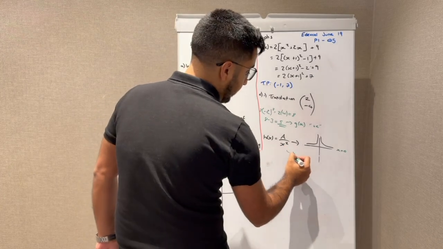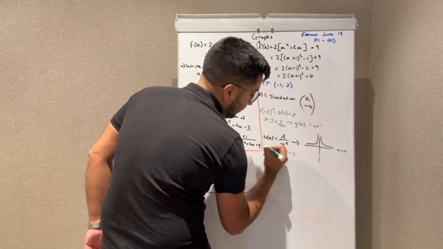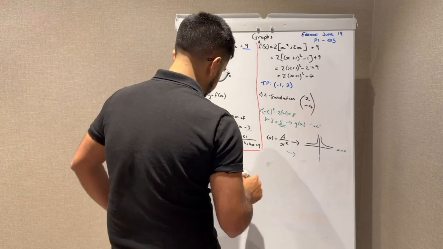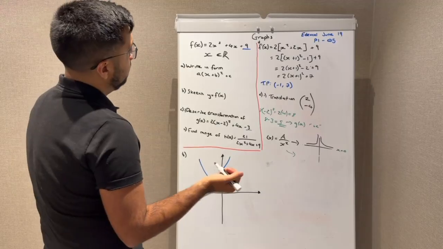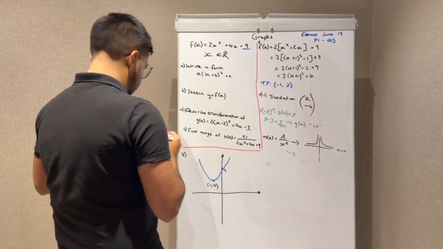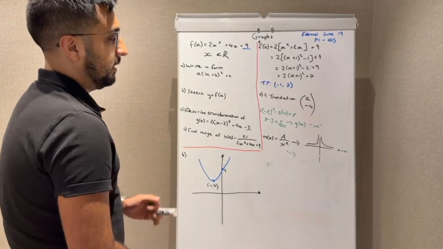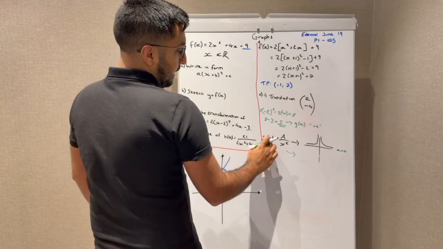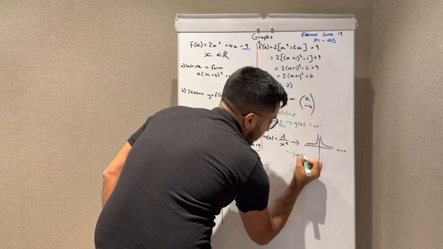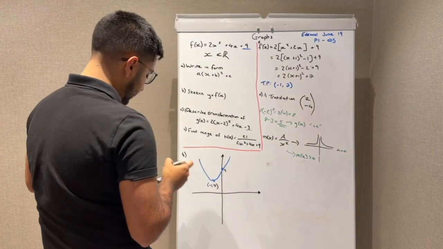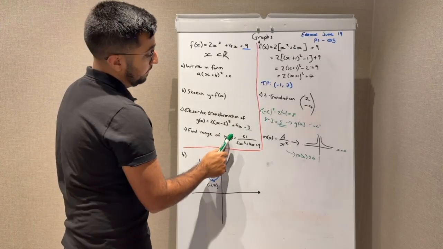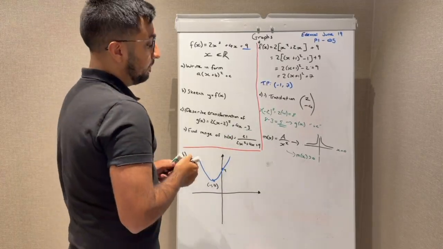Therefore, this graph has a range where, I'm going to change this h of x so it doesn't confuse us, we're going to use m. The reason I don't use i and j is because they're useful vector notation. So m of x is a over x squared, and it has a range such that m of x must be greater than 0. So that same principle can be applied to h of x. h of x must be greater than 0.